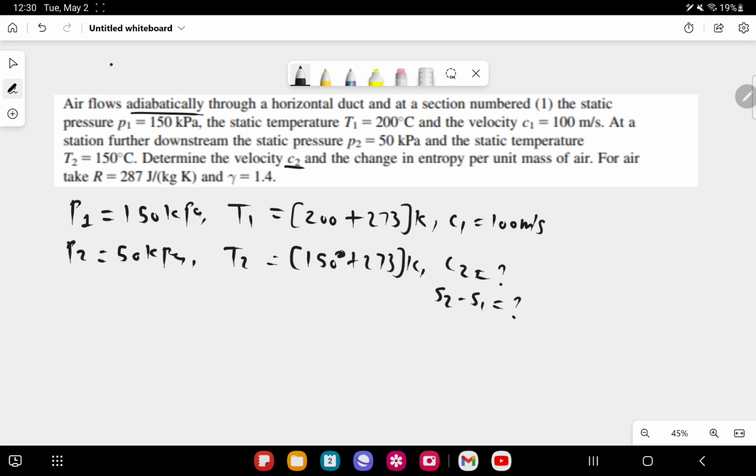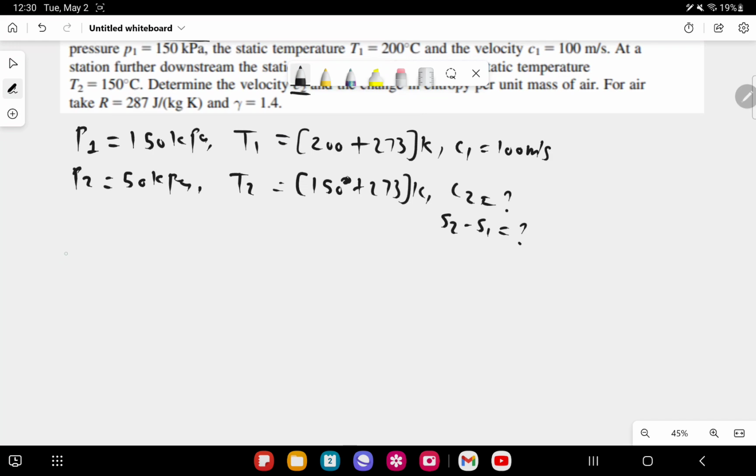Now, according to the problem statement, the given flow is adiabatic, meaning that the stagnation temperature at station 1, which is represented by T01, is equal to the stagnation temperature at station 2, which is represented by T02.